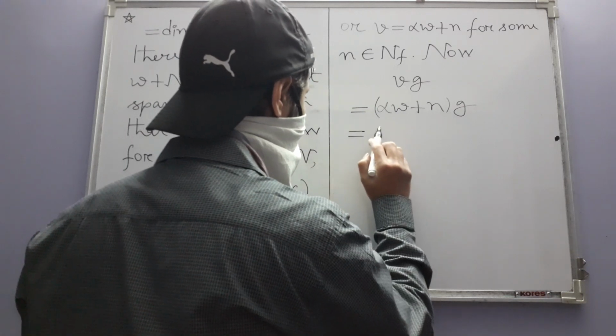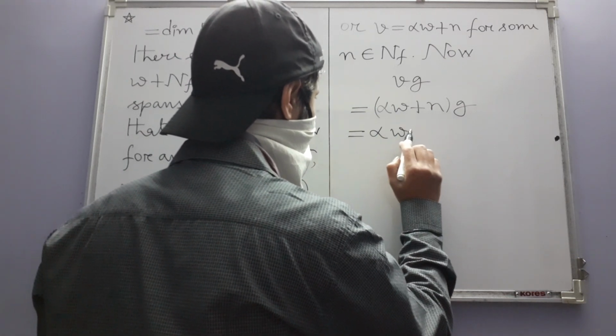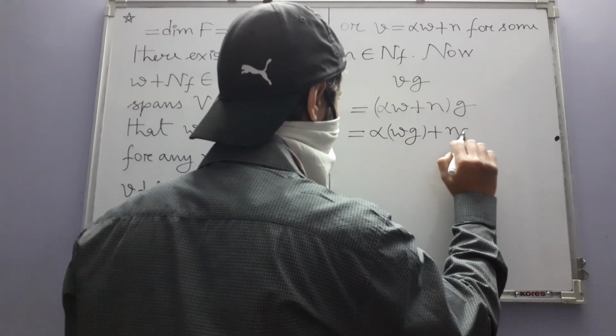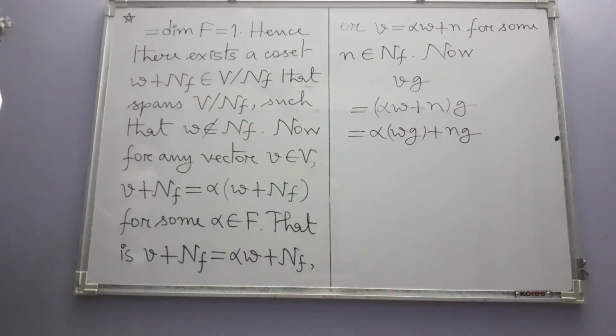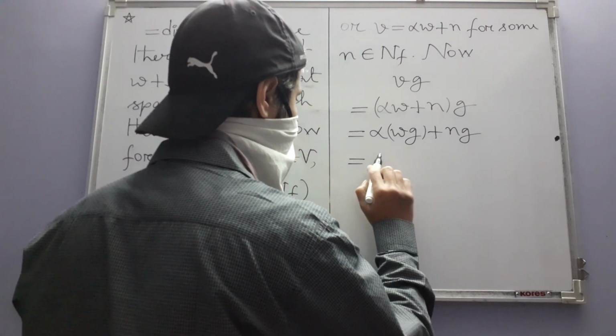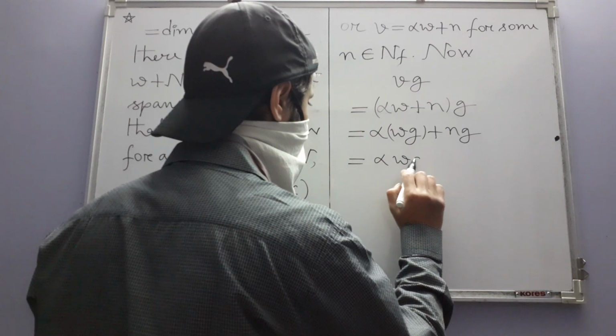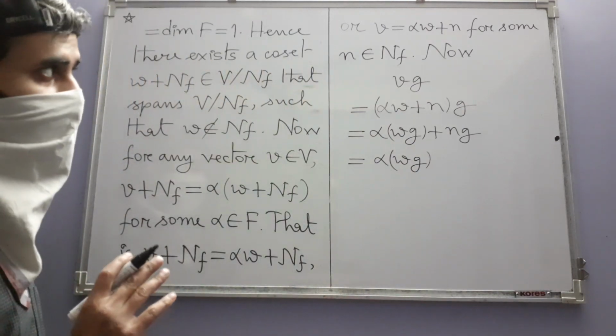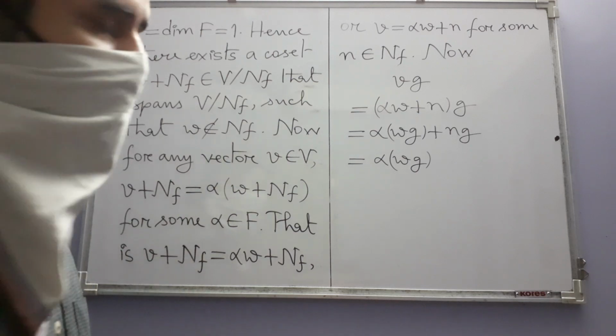So this is equal to alpha times wg plus ng. Okay. Now that is equal to alpha times wg, because ng is 0. Why?